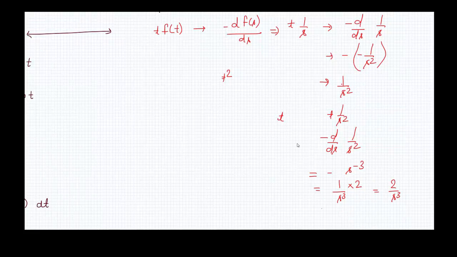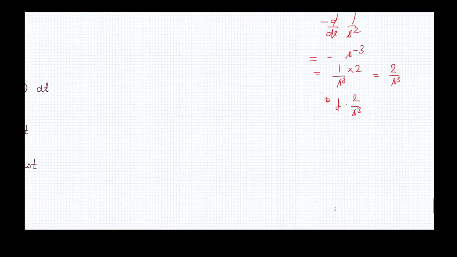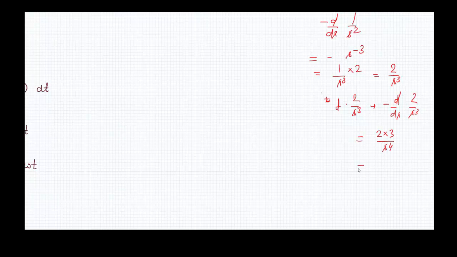Like this, as many times as t comes, that many times we continue. Suppose the next term: t into 2 upon s cube is there, what will you get? Minus d/ds of 2 by s cube. This will be your 2 into 3 upon s to the power 4, meaning 6 upon s to the power 4.